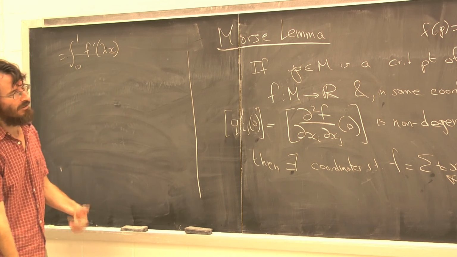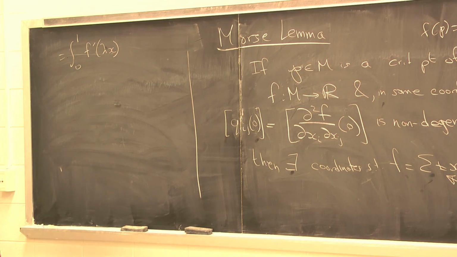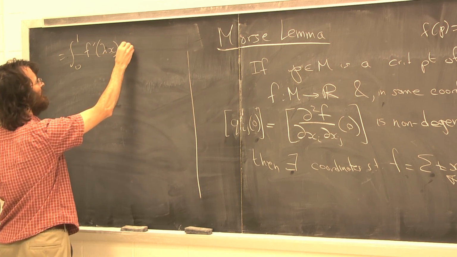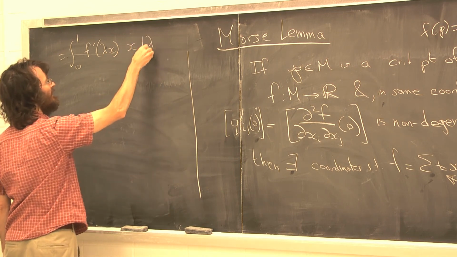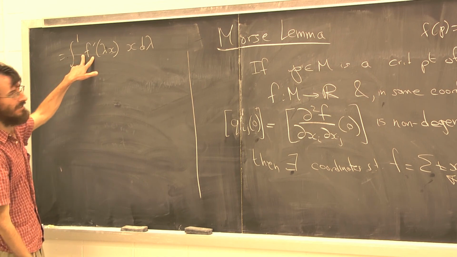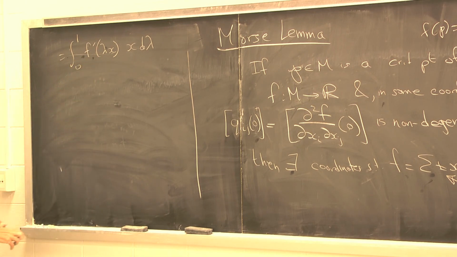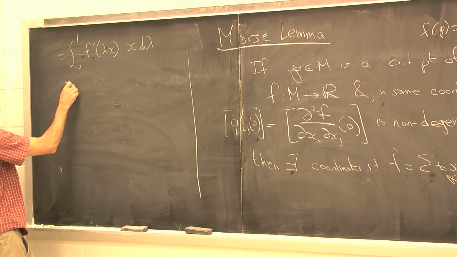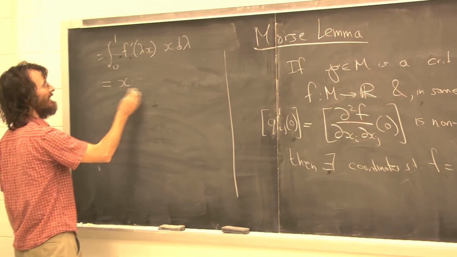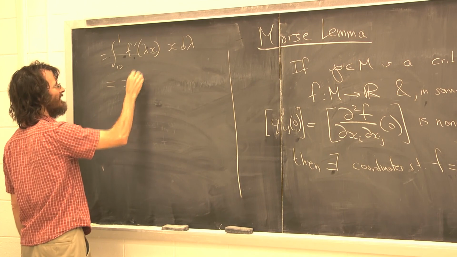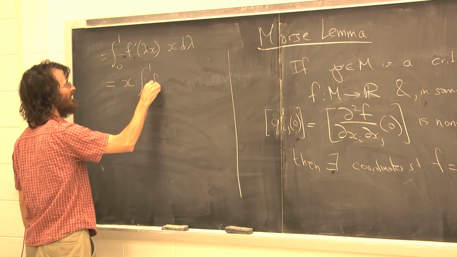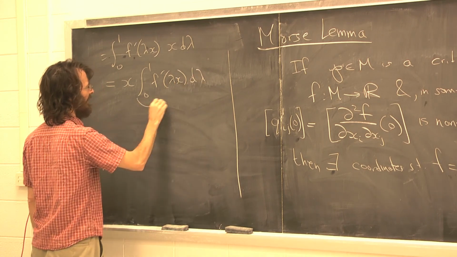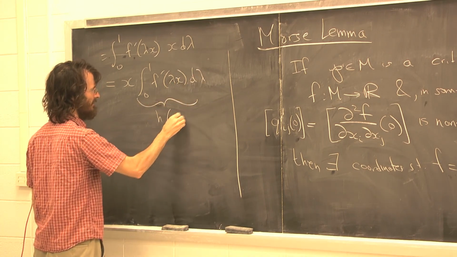Since lambda is the variable, x behaves like a constant, so du is x d lambda. In many variables this is split up appropriately. So you get x times the integral from 0 to 1 of f prime of lambda x d lambda, and that's your h of x.